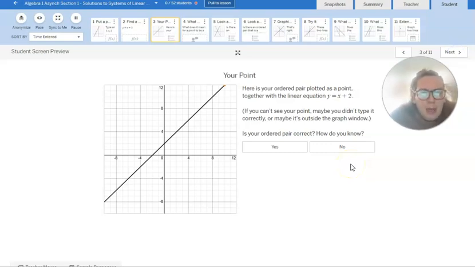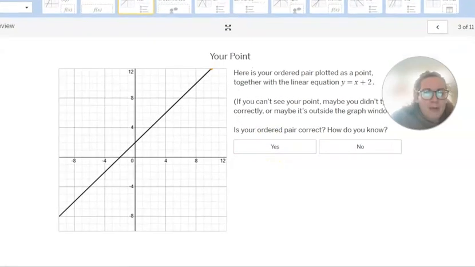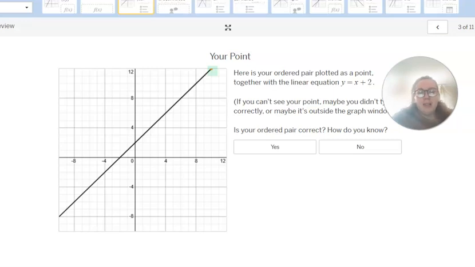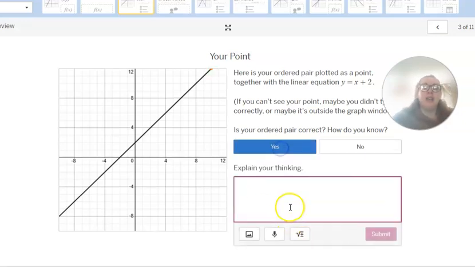So here's your ordered pair plotted. I was like, where is it? It's so high up there, y'all. My ordered pair, 10 comma 12, is way up here, where x is 10 and y is 12. So we see our point. Is your ordered pair correct? And it is, because it's on the line, right?